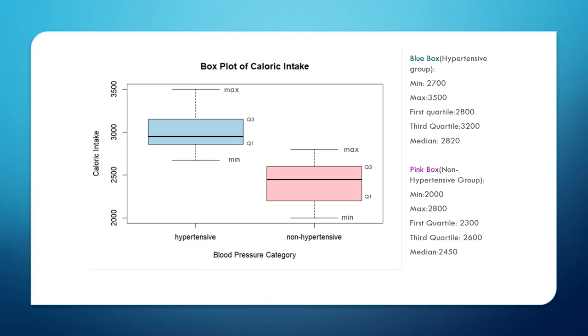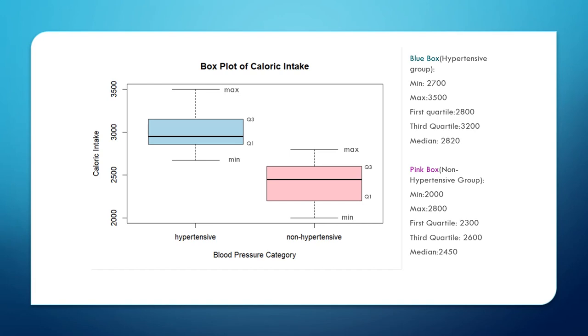The range of caloric intake in the hypertensive group, that is from 2700 to 3500, is wider compared to the non-hypertensive group, which ranges from 2000 to 2800. This suggests that there is a greater variability in caloric intake among individuals in the hypertensive group.